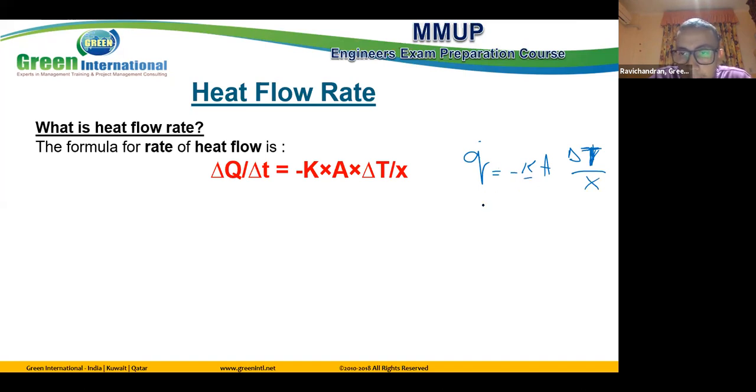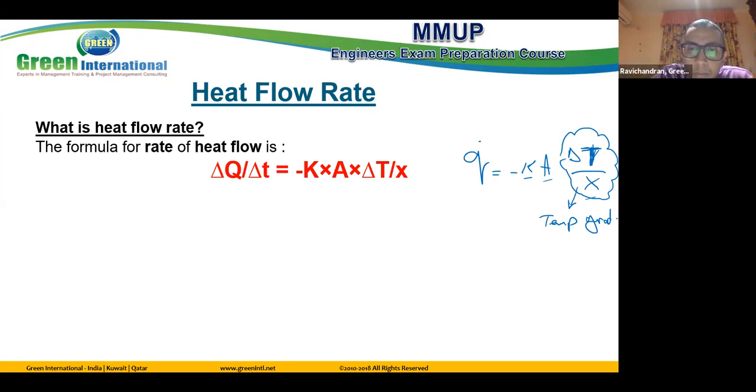K is thermal conductivity, A is area, X is thickness, delta T refers to the temperature difference. Delta T over X has a famous name and comes up in the exam a lot. It's called the temperature gradient. You remember velocity gradient and viscosity? This is equivalent to that.